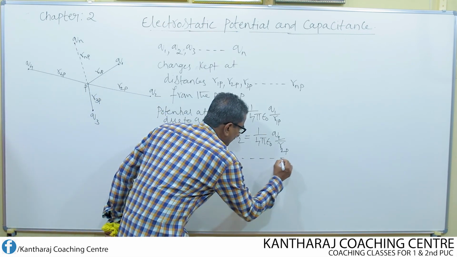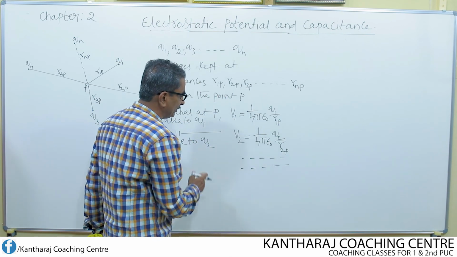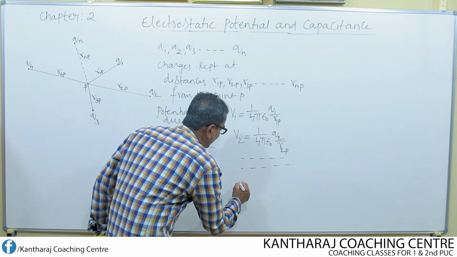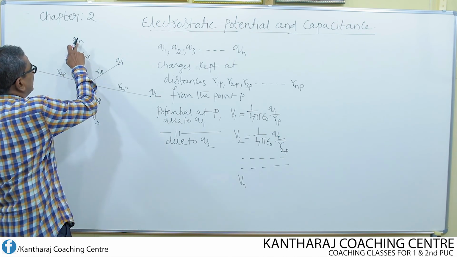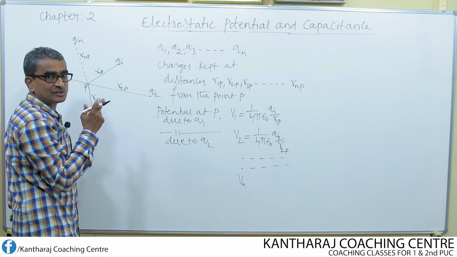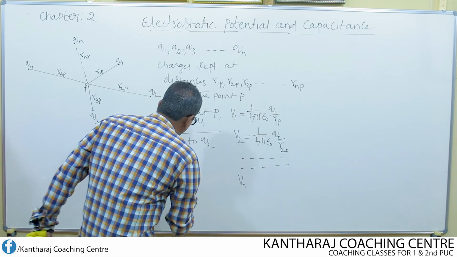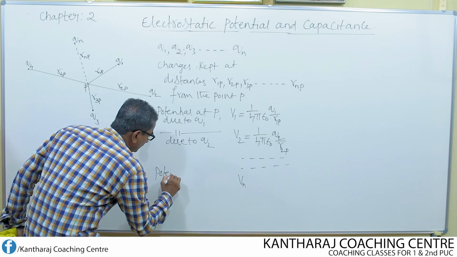Next, potential due to the charge Q3, due to the charge Q4, due to the charge Q5, finally potential at the point P due to the nth charge, that means due to the charge Qn.